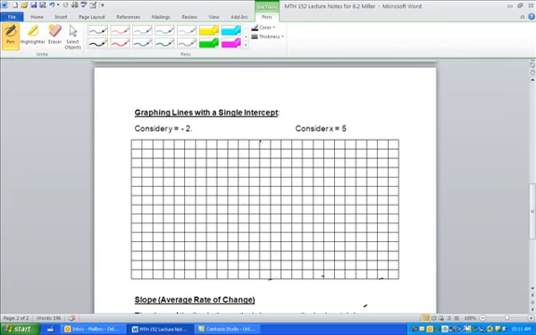Now we're looking at graphing lines that only have a single intercept. I'm going to put both of these on the same graph, but in different colors. Let's start with y is equal to negative 2. We're talking about y, so here's our y-axis. 1, 2, there's negative 2.